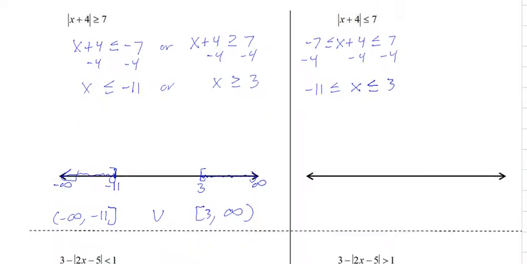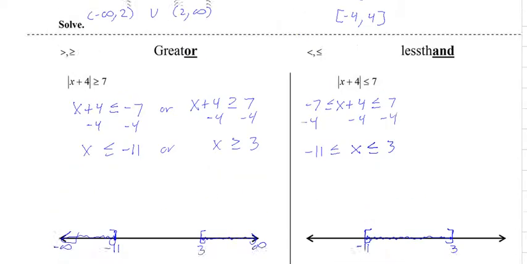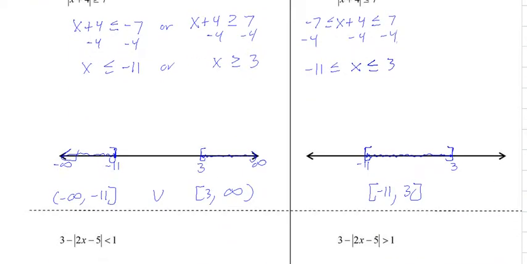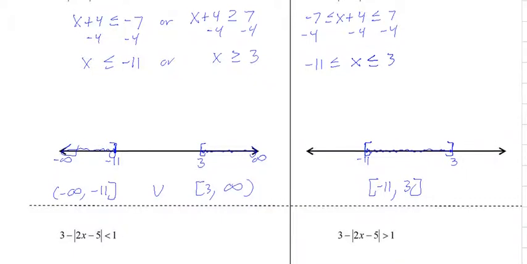And there's our two values that our x is in between. So we put negative 11. We put 3. Shade in between. And since it's equal on both, we put a bracket on both. And then we write our interval. So there is our greater than, and there is our less than. And that's what you should be getting.